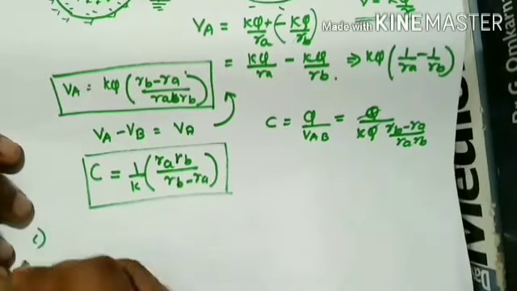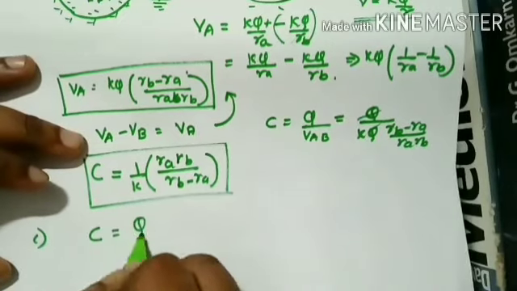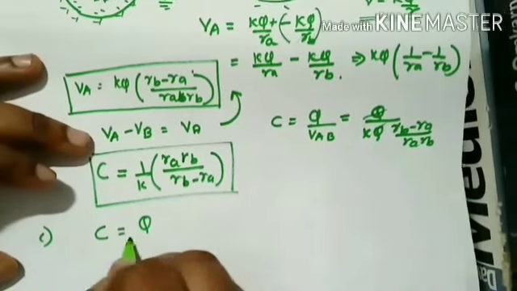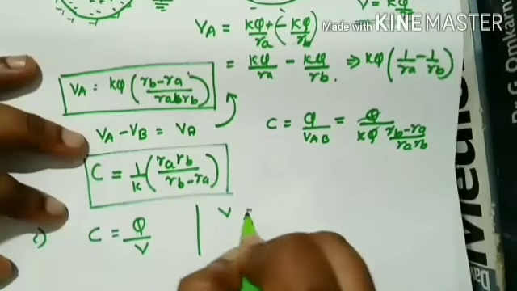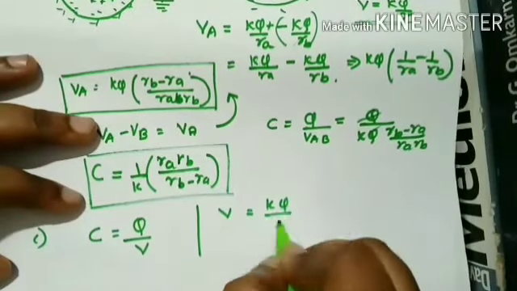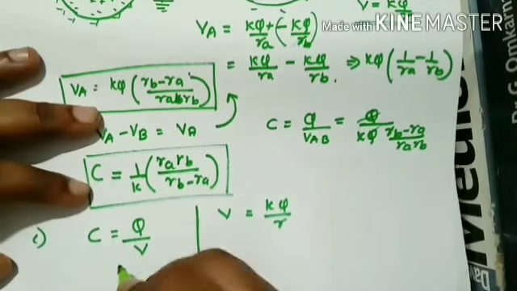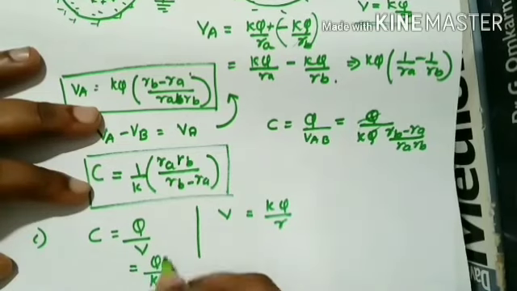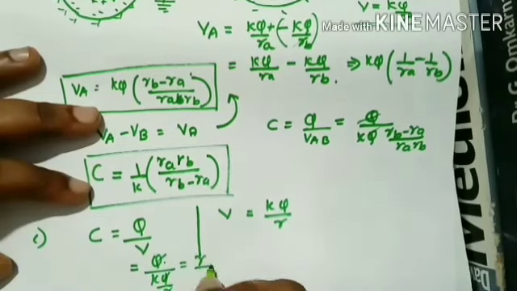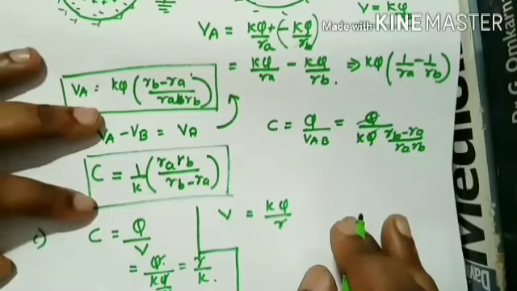So in the case of an isolated sphere, for the capacitance calculation you require the total charge divided by the potential of the isolated sphere. What will be the potential of the isolated sphere? It is the normal KQ by R. You substitute the value over here, so it becomes Q divided by KQ by R. Q cancels, it becomes R by K. I hope it is clear?